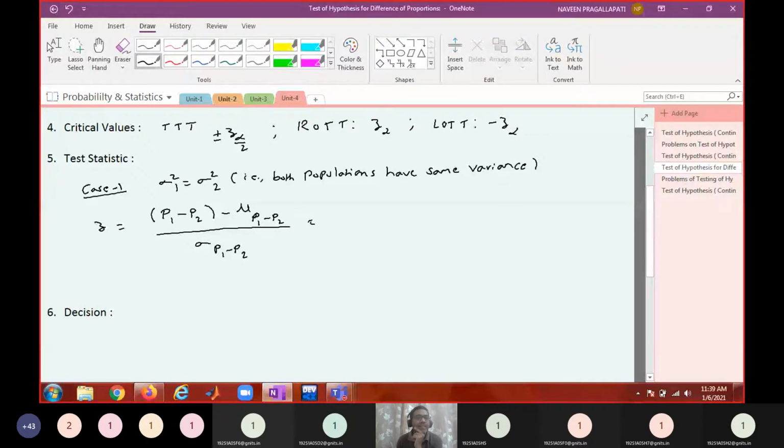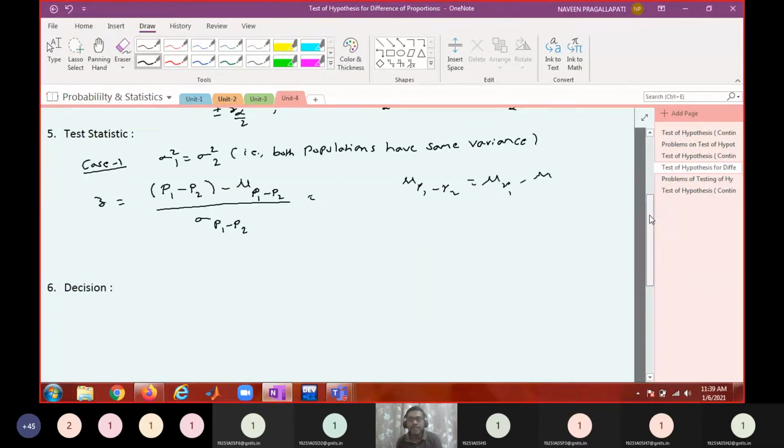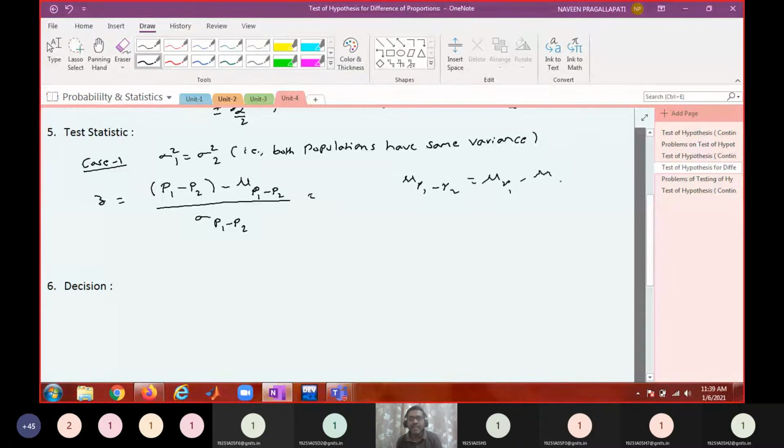So in this case, when you consider both having the same population variance, what is this mu of p1 minus p2? It will be equal to mu p1 minus mu p2, because of the linearity: expectation of p1 minus p2 is equal to expectation of p1 minus expectation of p2.